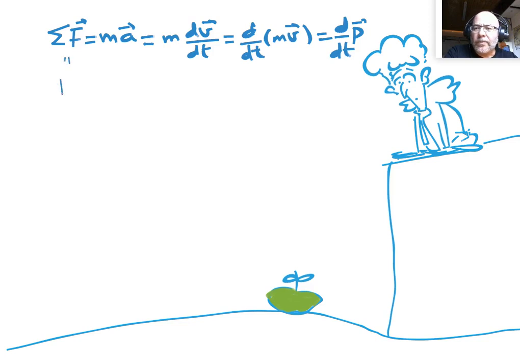Sometimes we call the force the net force, the sum of all the forces, and the change in linear momentum, delta p, divided by the change in time, the time that it takes from jumping from this wall to the floor, a wall which is quite tall, like 3 meters.